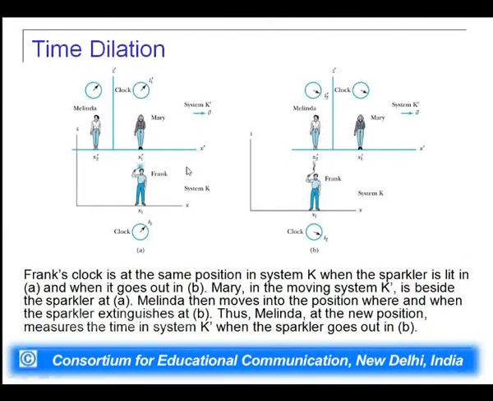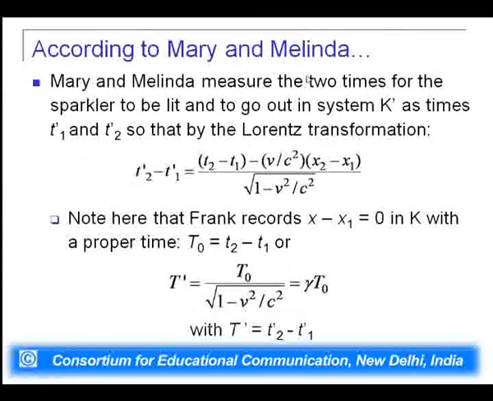Thus Melinda at the new position measures the time in the system K dash when the sparkle goes out at B. This means all the observers are measuring the time period in different frames, at different times and in different spaces. Mary and Melinda measure the two times for the sparkle to be lit and to go out in the system K dash as t1 dash and t2 dash.